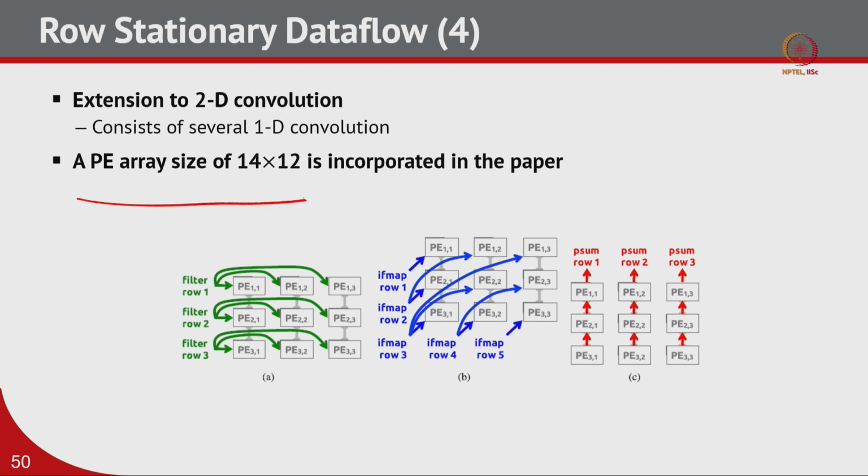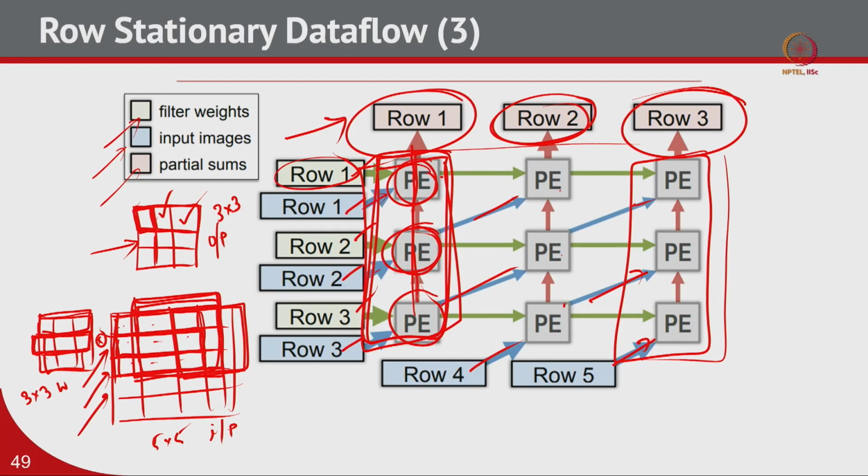Okay. So, this particular figure is showing the data flow of the filter row, then the input feature map row as well as the psum row. We just saw that filter rows are exactly the same, or filter rows are provided into all sets of PEs in exactly the same way. The input feature map rows are provided in diagonal fashion, right. I will just go back.